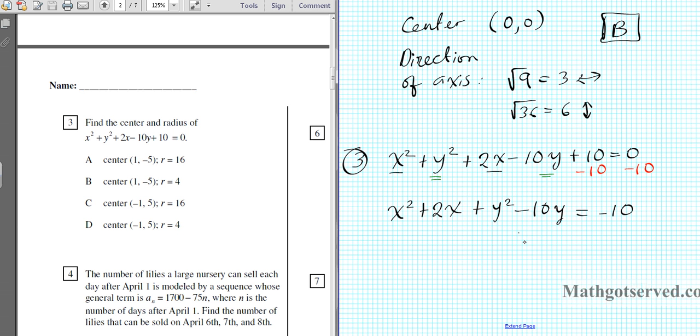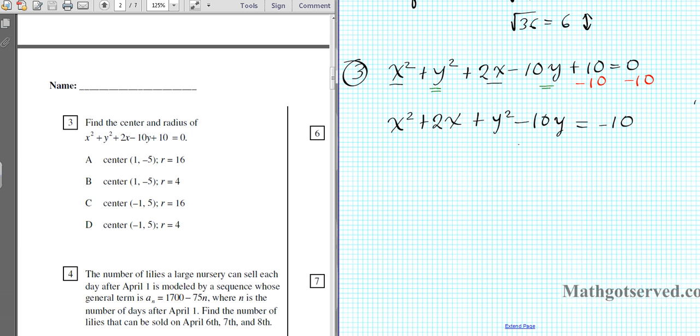All right, so what we're going to do now is partition the variables down the center into the x and y worlds, and then we're going to complete the square in their respective worlds. So there goes your partition. Now to complete the square, we need to do b over 2 squared in the x world and also in the y world. So b in the x world is 2.